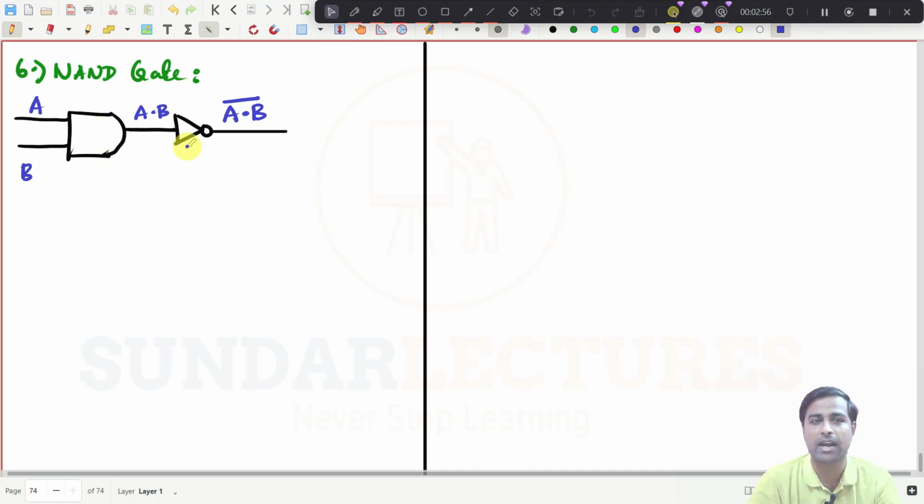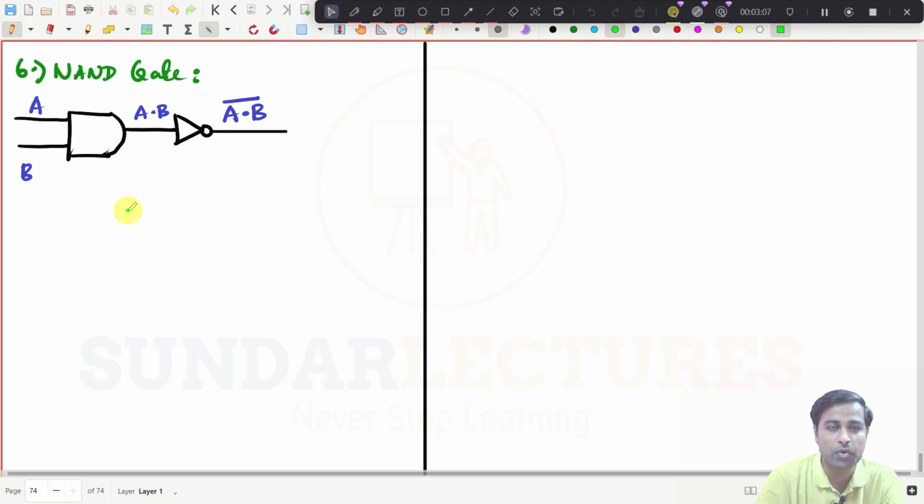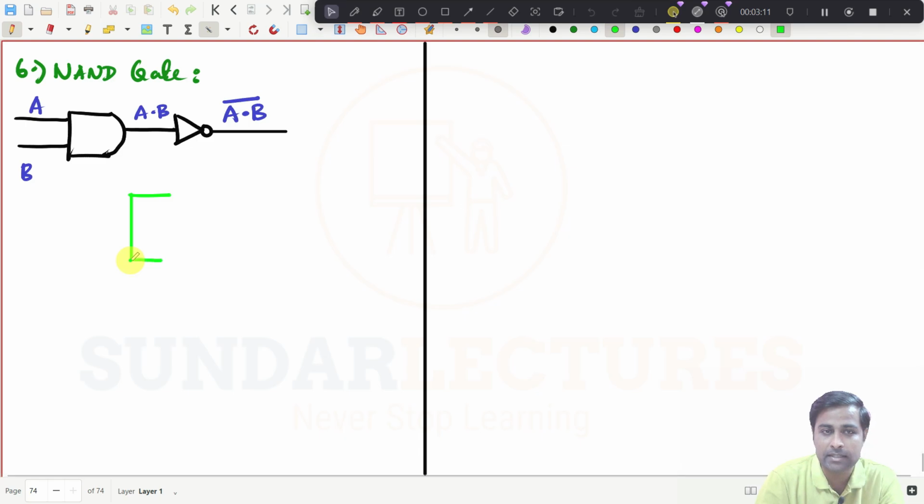If I draw an AND gate with a NOT gate, we will combine these two to get a single gate. That is the NAND gate. So how do I draw the NAND gate? I always draw like this, like the AND gate, and I put a NOT here simply.